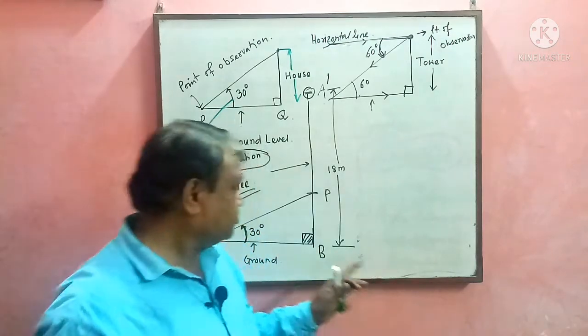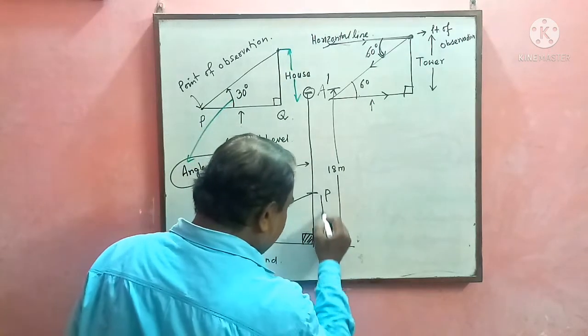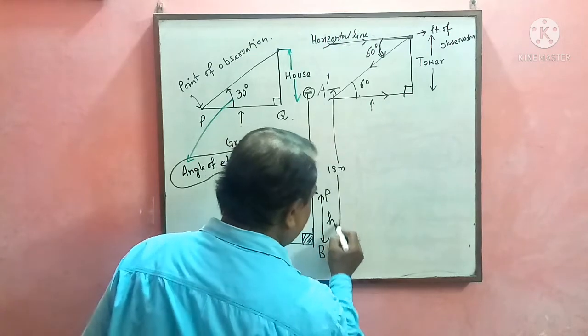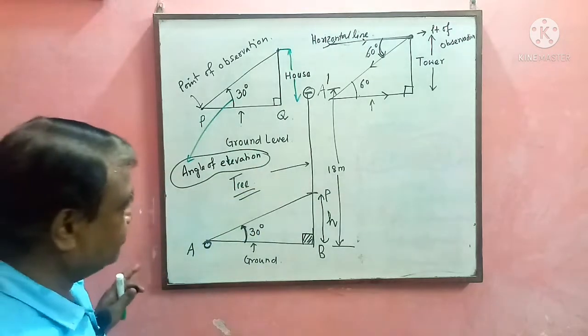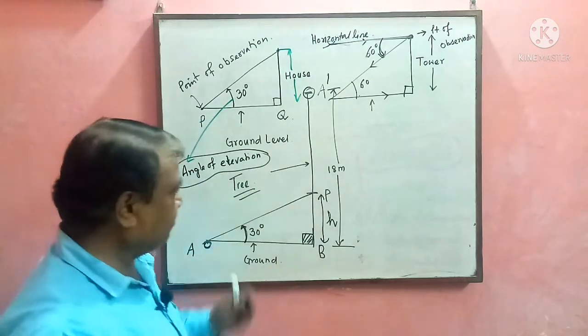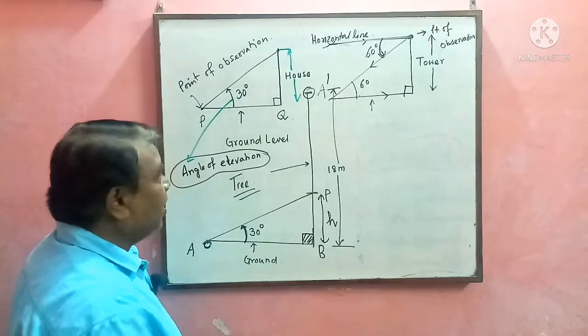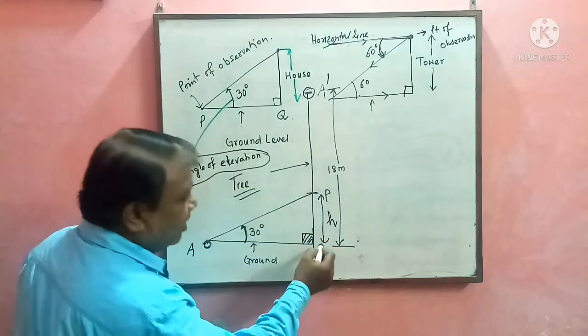Now, if it is so, then at which height this tree is broken, that will be the question. Let's say this height is h. At h this tree is broken. It is broken at this height, P. Okay. Now this total height is 18 meters, so definitely this is h.